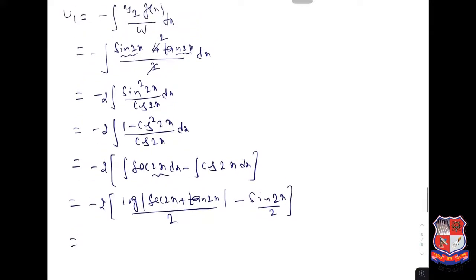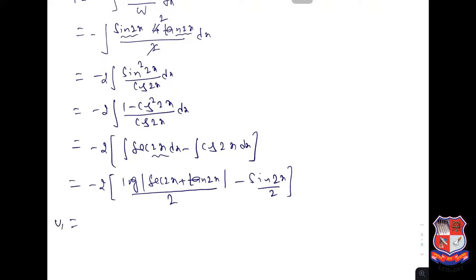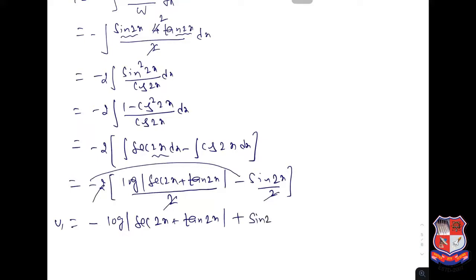And so this u1 is minus log of sec 2x plus tan 2x, then plus 2 cancel, sine 2x. So this is u1.